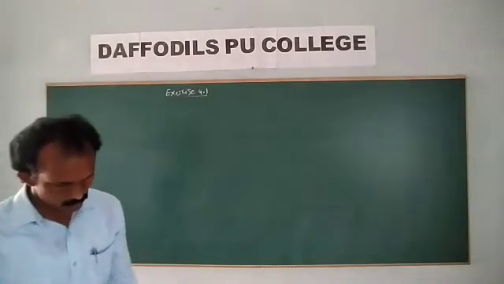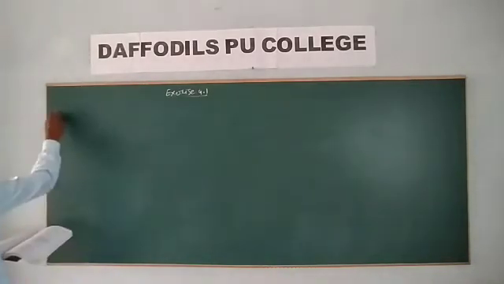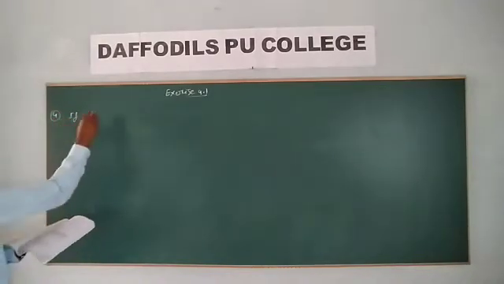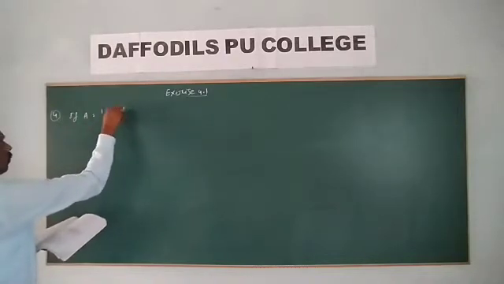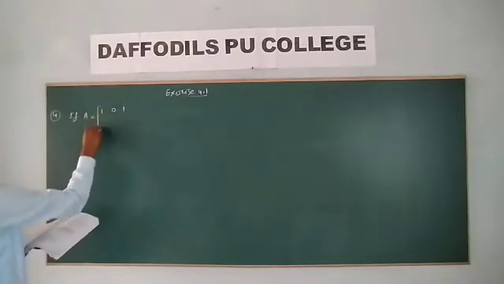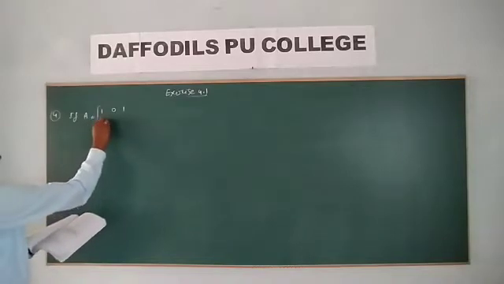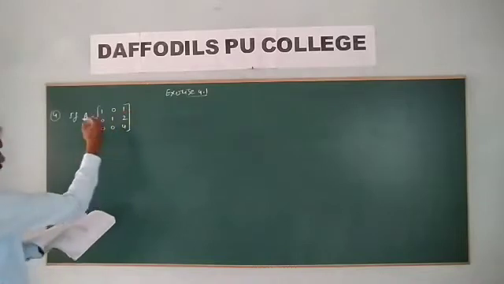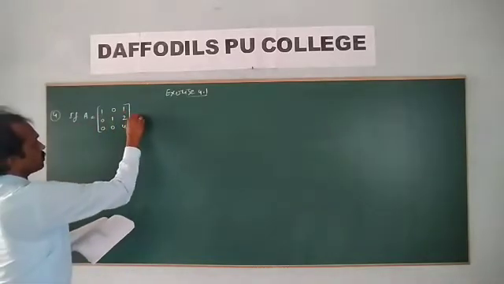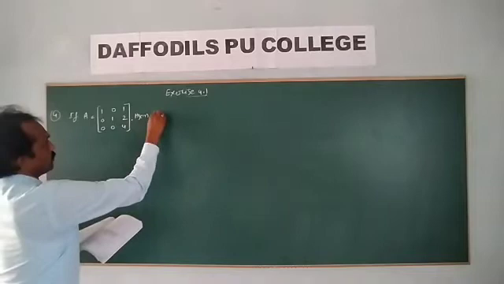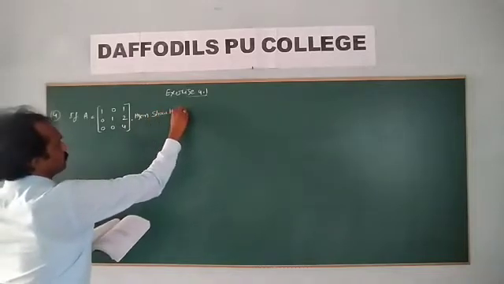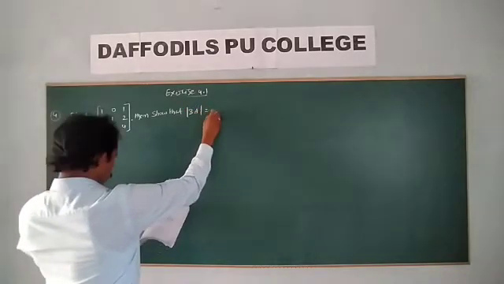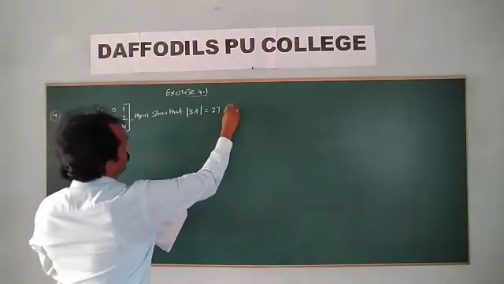Next problem, fourth question. If A is equal to [1 0 1; 0 1 2; 0 0 4], then show that determinant of 3A is equal to 27 into det.